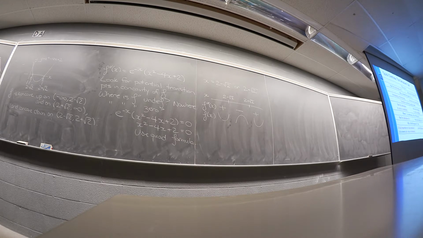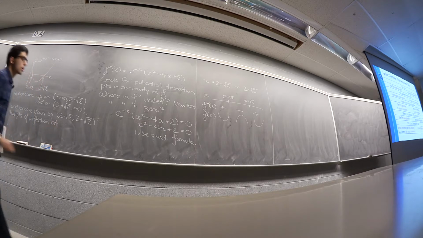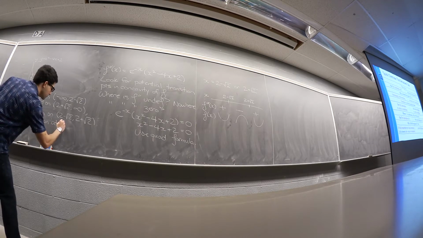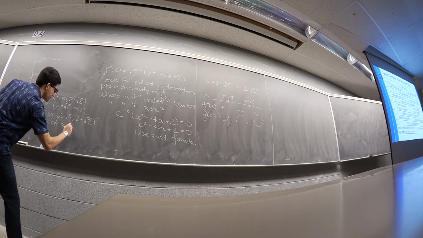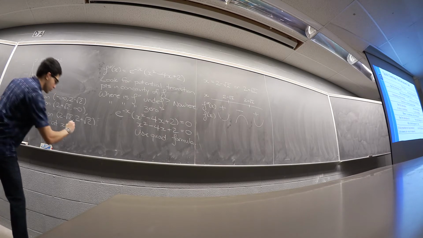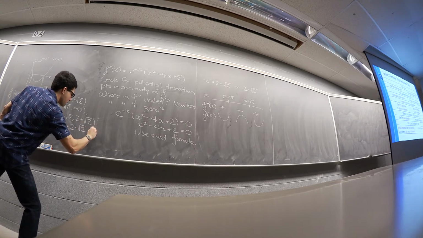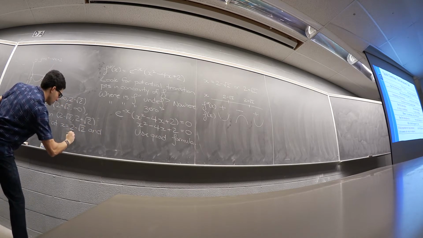Okay, so the last thing is F, or the graph of F, has points of inflection at, let's say, x equals 2 minus root 2, and x equals 2 plus root 2.